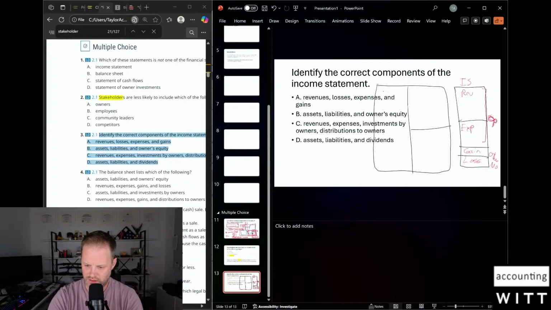Then you've got assets, liabilities, owner's equity, revenue, expenses, investments by owners.